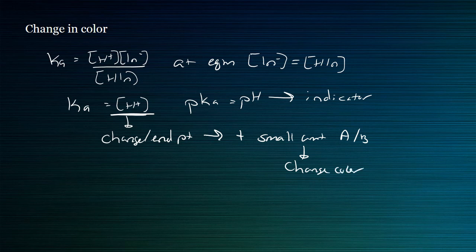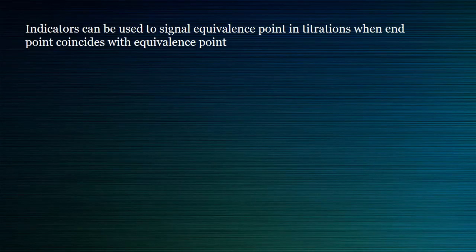Different indicators have different pKa's, have different endpoints, but you pick your indicator based off what you think your change point is going to be based on the titration curves we just looked at. So indicators can be used to signal the equivalence point when the end point coincides with the equivalence point.